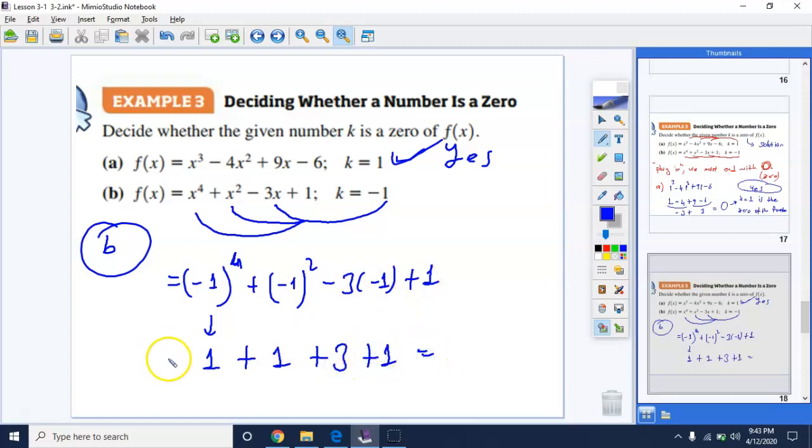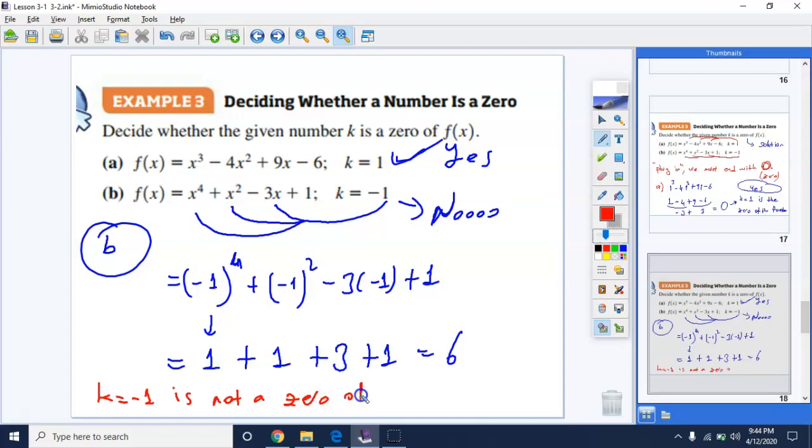So as you've seen, we got 2, 5, 6, which means we got 6, so the answer should be no, right? So k equals negative 1 is not a 0 of the function.